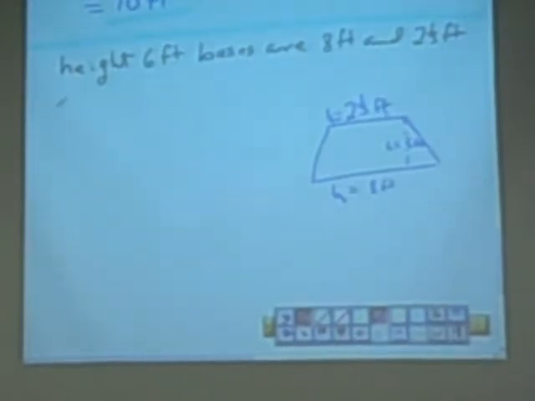Okay, and then of course you want to write out your equation. Area of a trapezoid. Okay, and then substitute in. So we said the height is 6 feet.